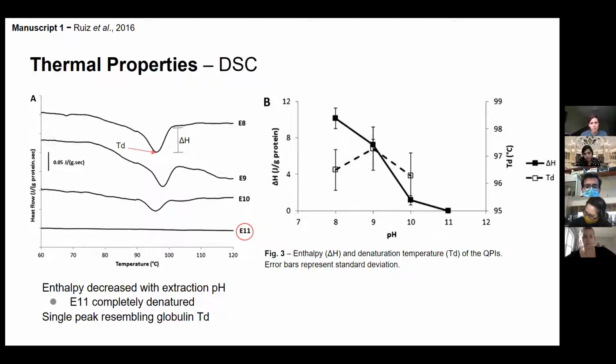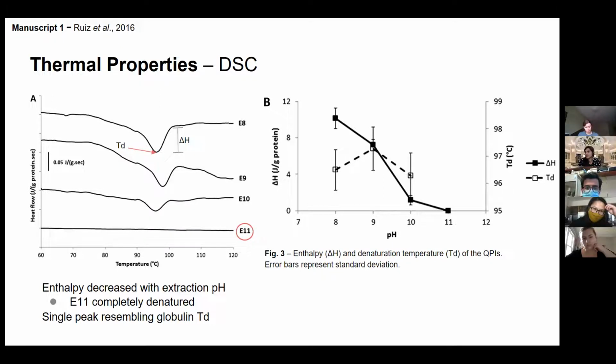And then for the thermal properties, they measured using DSC. So as we learned in class, with increasing denaturation, we see a smaller heat absorbed, which is the change in enthalpy over here.